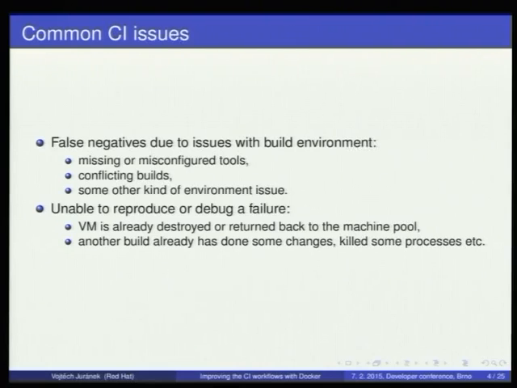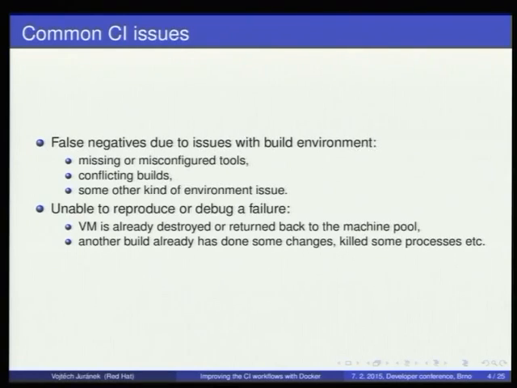So very often there are false negatives. This means that your CI build fails, but it fails not because of some error in your code or issue with the test, but simply because there is some issue in the build environment.